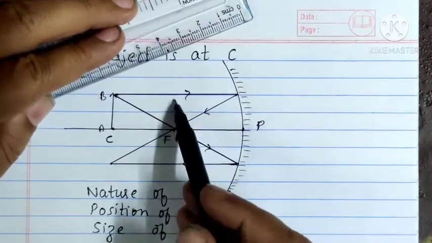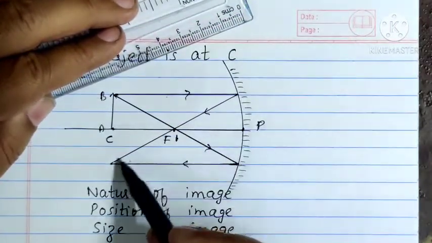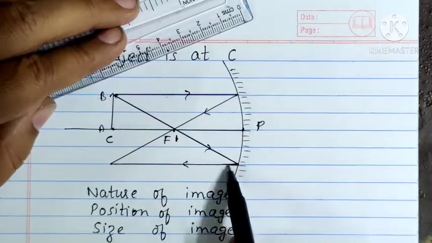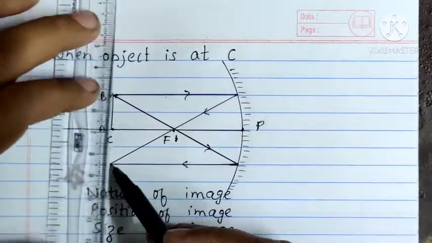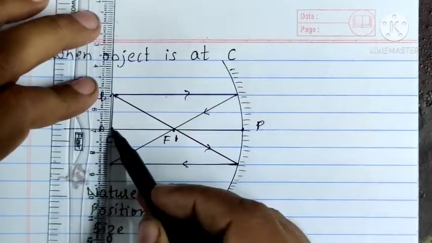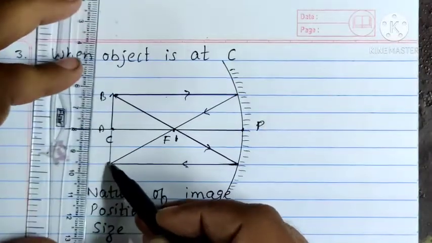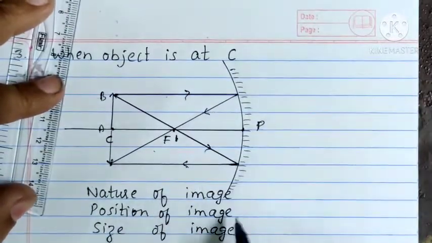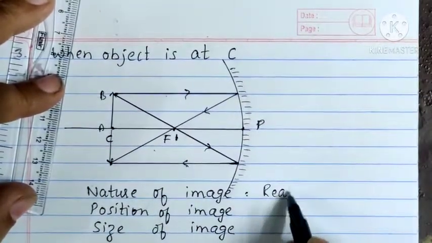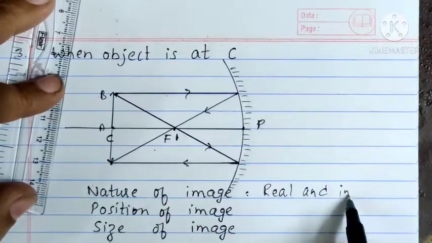So this is an incident ray, this is a reflected ray, this is again an incident ray, and this is a reflected ray. These two reflected rays meet at this point. So the image will be formed at C only. The nature of the image will be real and inverted.